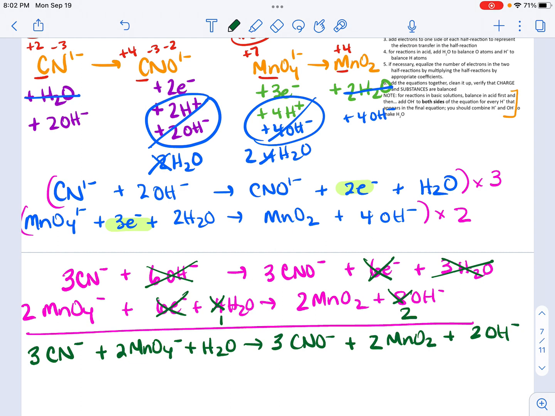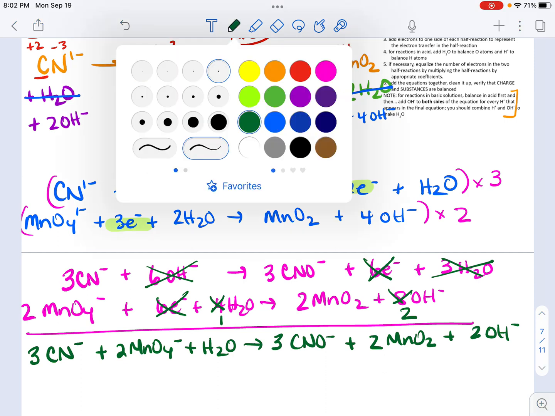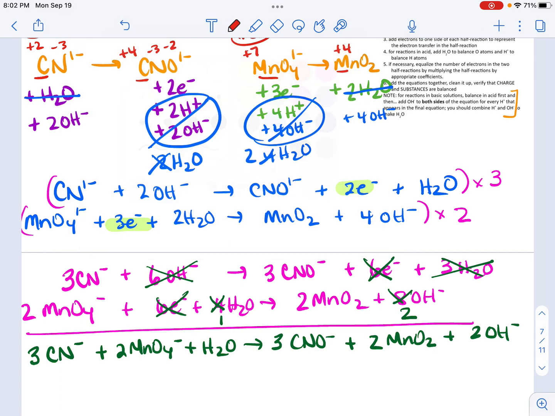So this would be 3 carbon and 3 nitrogen and 2 manganese, and 4 times 2 is 8, 9 oxygen, and 3 and 4 is 7, and 2 more is 9. 2 hydrogen and 2 hydrogen. On the left, the charge is 3 negatives and 2 negatives, so that's 5 negative total. And on the right, there's 3 negatives and 2 negatives, so that's 5 negative total.